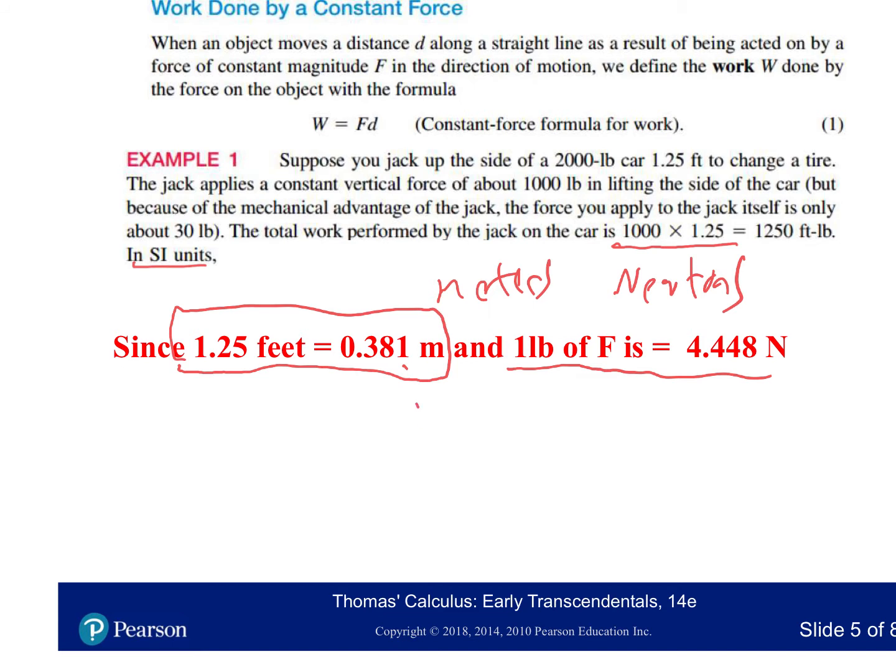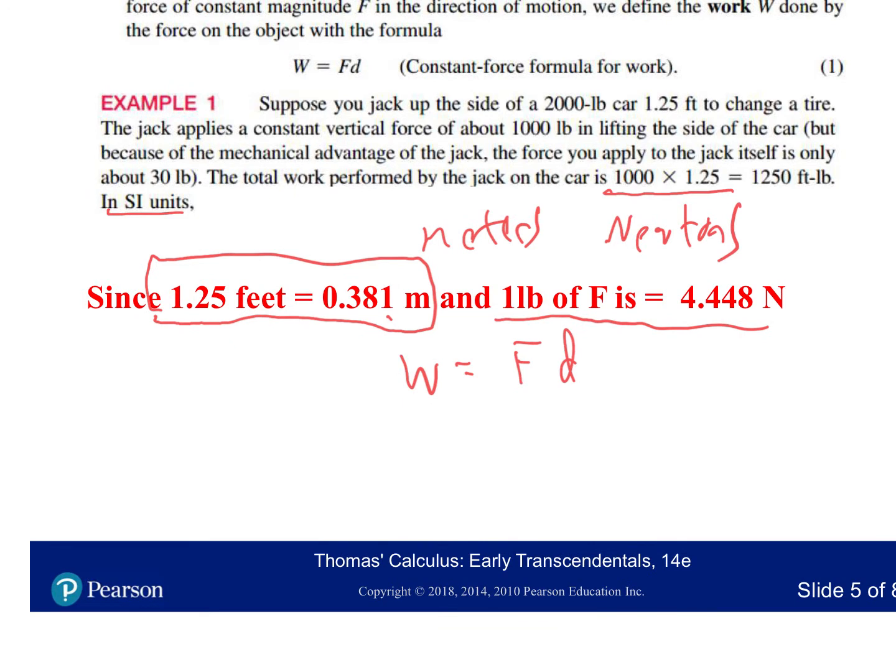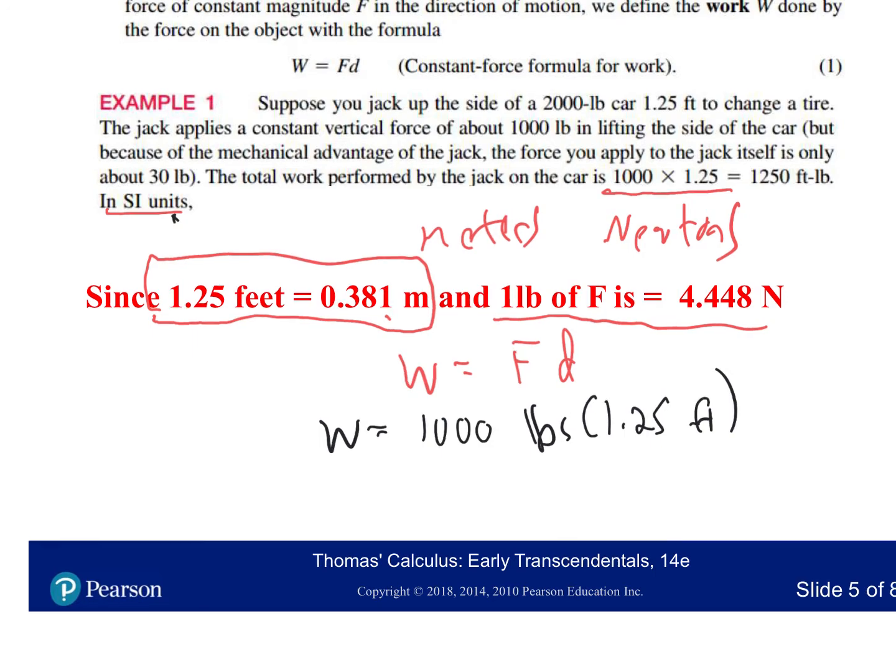So work will still be force times distance. Let me try to do it differently than I did in the other class. Work was my 1,000 pounds times 1.25 feet. That's foot-pounds, and I don't want it in foot-pounds. I want it in the metric system.